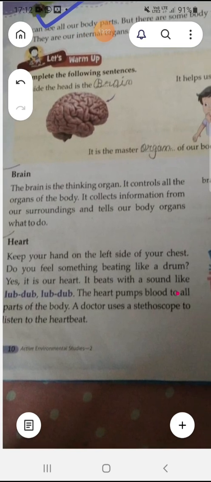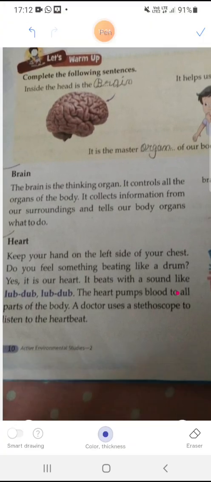So what is the work of the brain then? Remember students, you have to learn this very well. The brain is the thinking organ, so we can think with the help of our brain. It controls all the organs of our body. It collects information from our surroundings and tells our body organs what to do. So what are the uses of the brain?